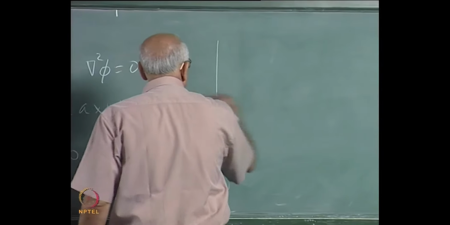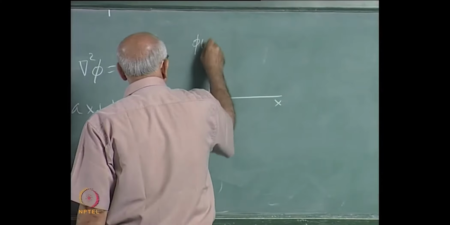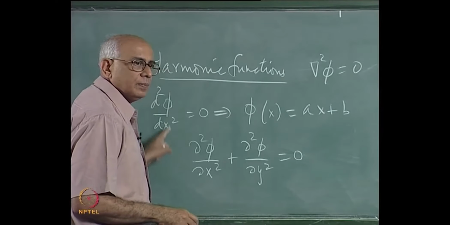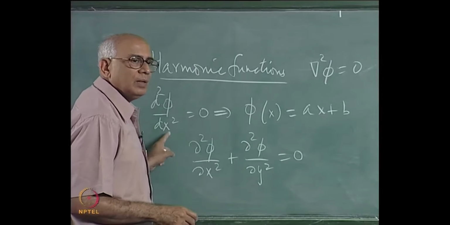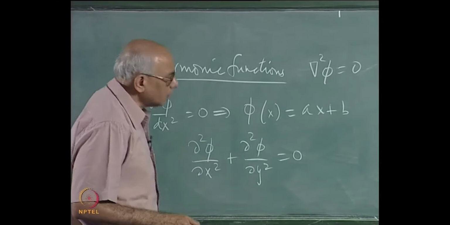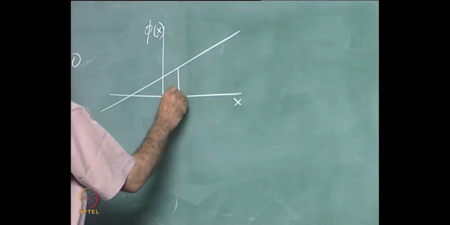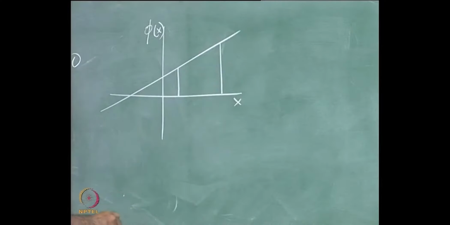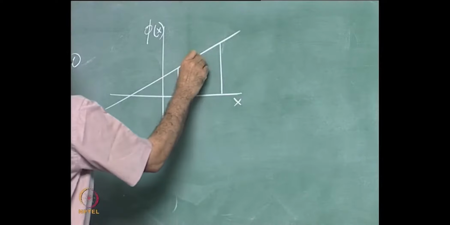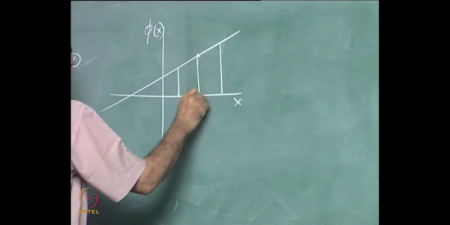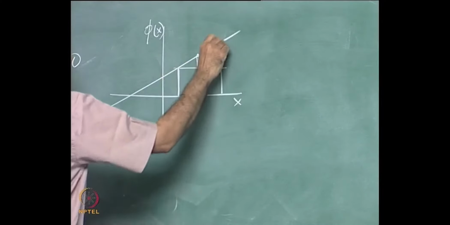If I plot x versus phi of x, some kind of straight line, what property is being exploited by saying that its second derivative is 0? What is the geometrical meaning of the second derivative? It is a curvature, it has no curvature. This means of course that if you took any value of x and any other value of x, and you took a value in between here, you are guaranteed that this value is the arithmetic mean of this value and this value.